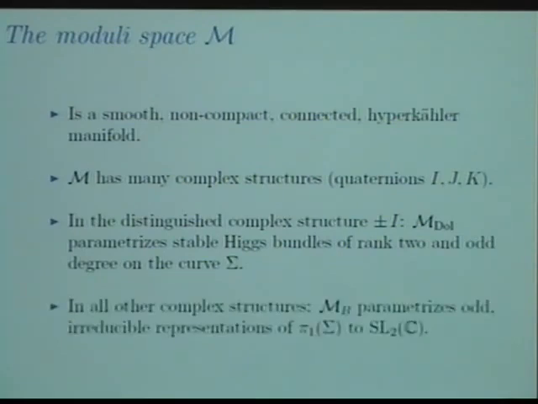In all the other complex structures, it's a different variety, which Simpson calls the Betti version of it, and we can see that as parameterizing irreducible representations of the fundamental group of the surface into SL2.